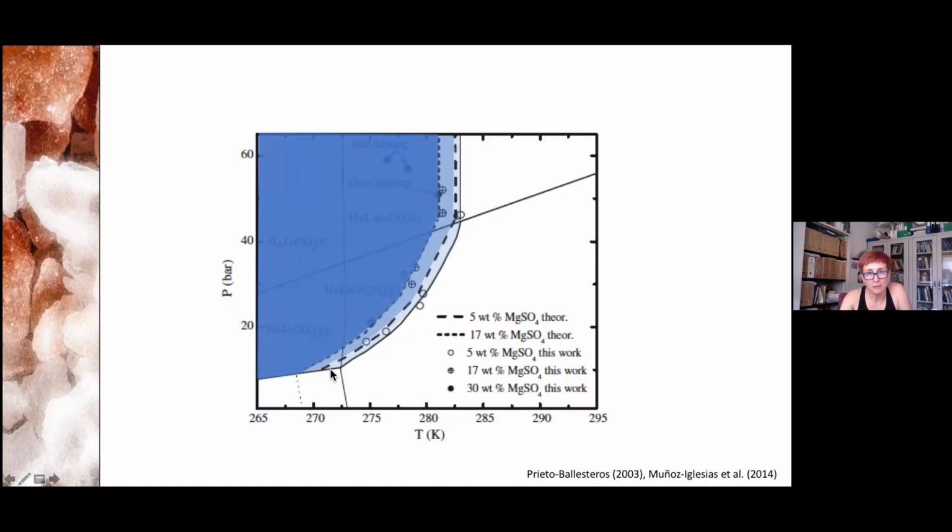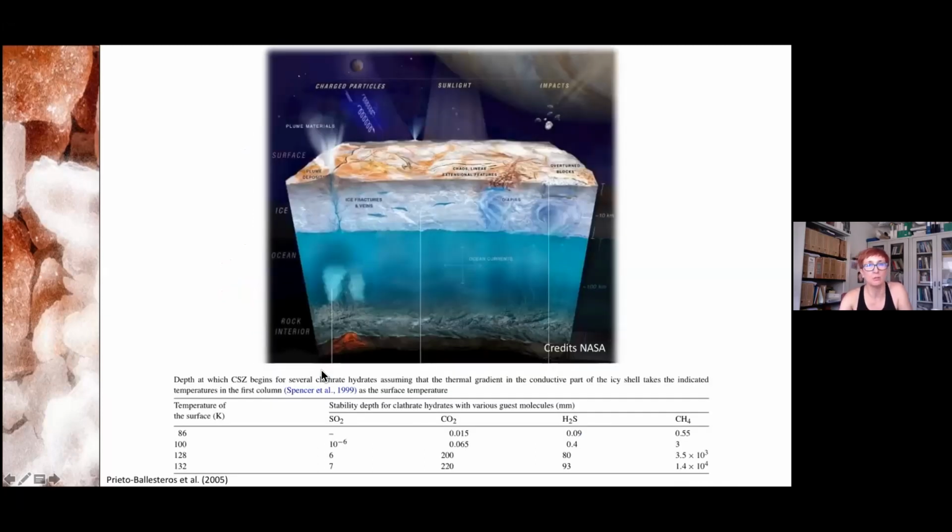You can see that for magnesium sulfate, the shift is just 3-4 degrees, but we know that for other salts, for example chlorides, the inhibition is about 10 degrees or more, depending on the composition of the chloride.